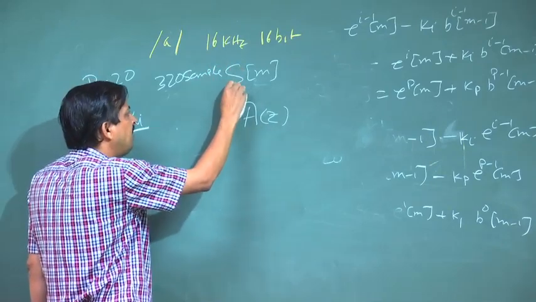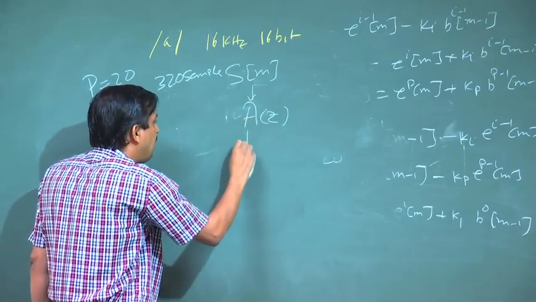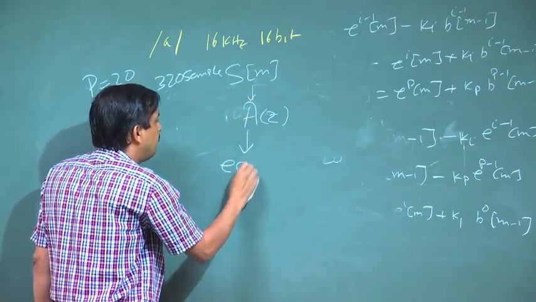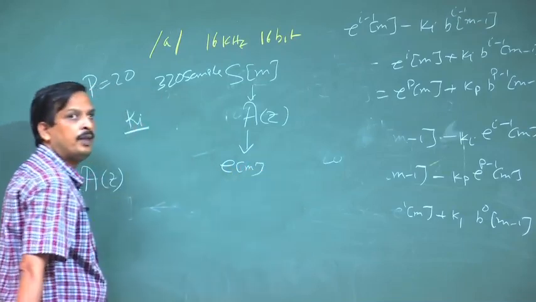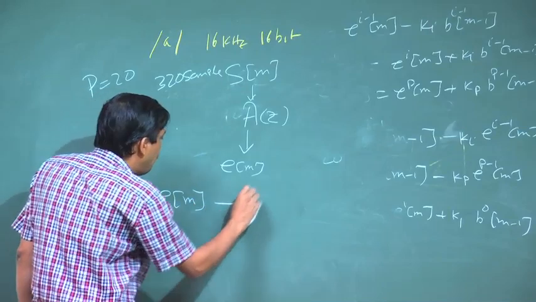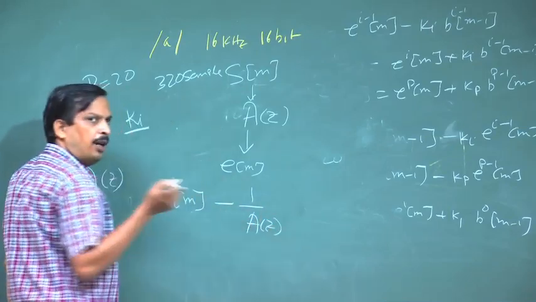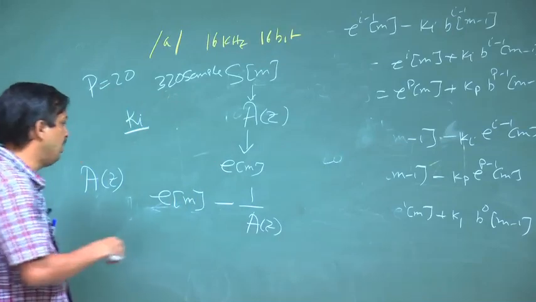So, apply these 320 sample values through A(z) and find out the error signal. Now, apply this error signal and implement 1 by A(z), with the same K values. The K values will be the same for both functions.